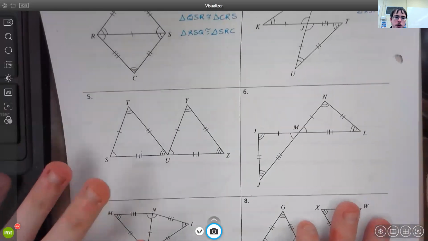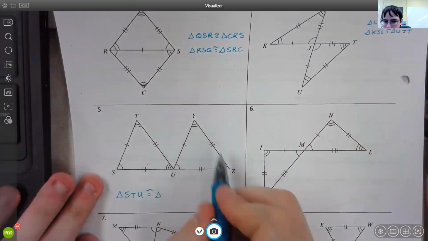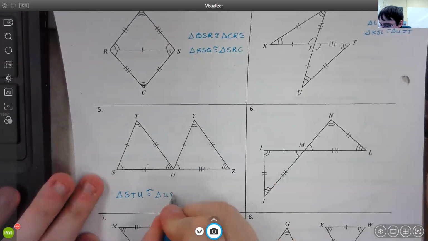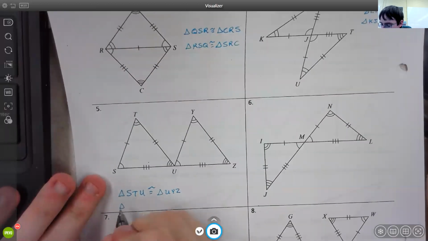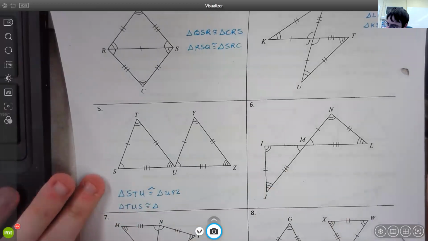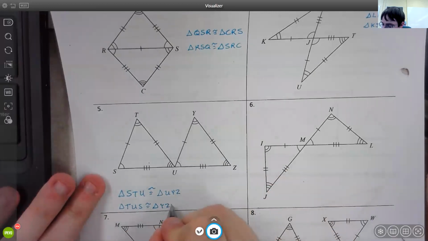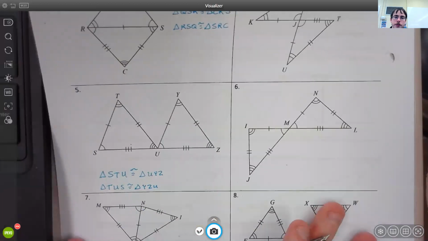So one possible one for number 5, triangle STU is congruent to triangle UYZ. Another one that you could use, triangle TUS is congruent to triangle YZU, and so on and so forth.